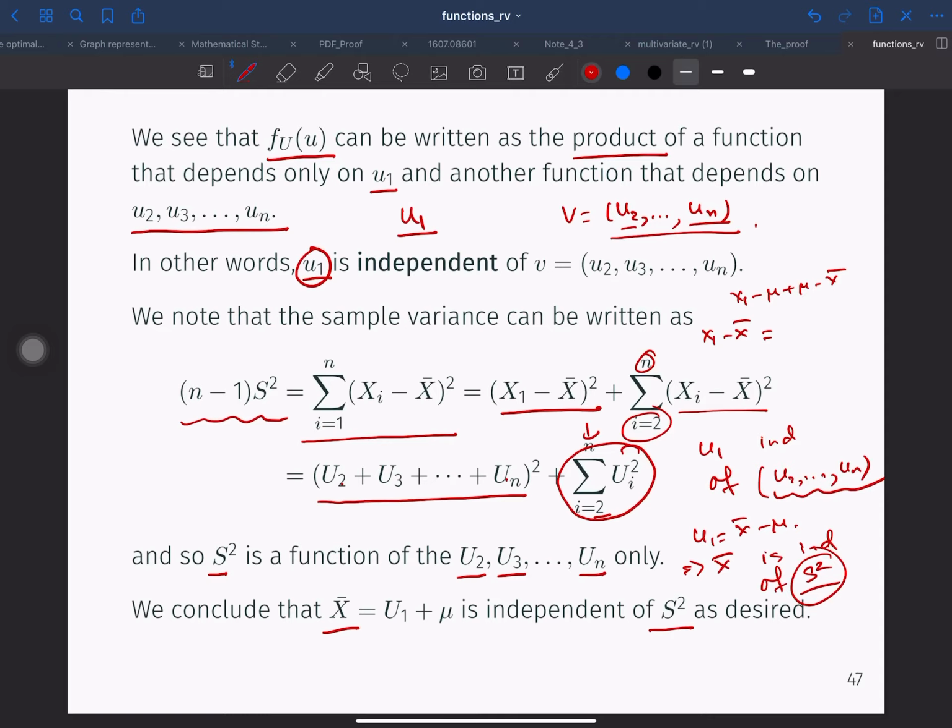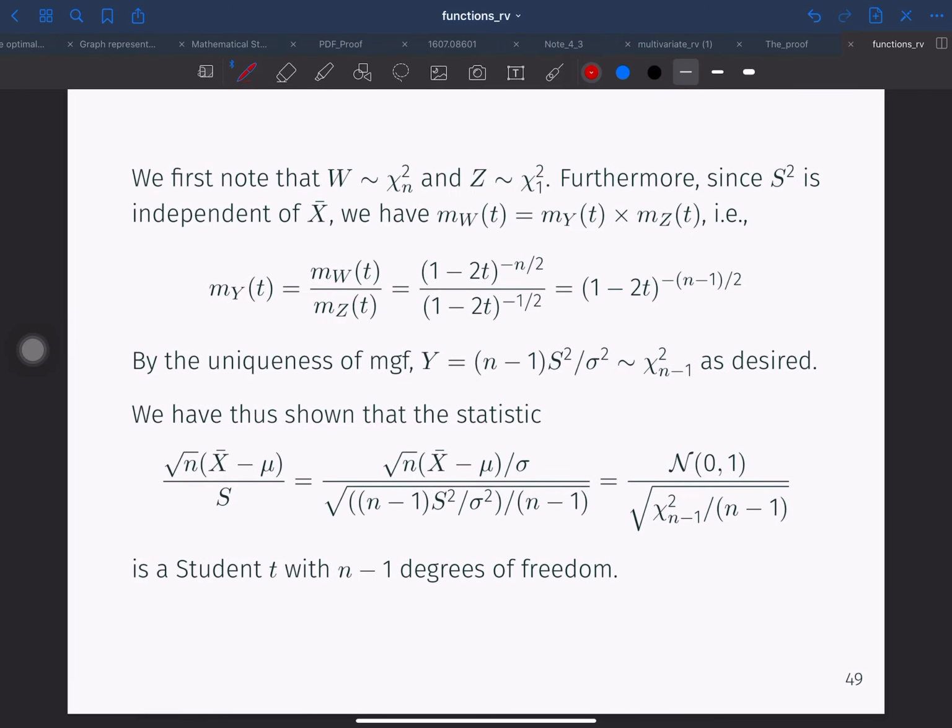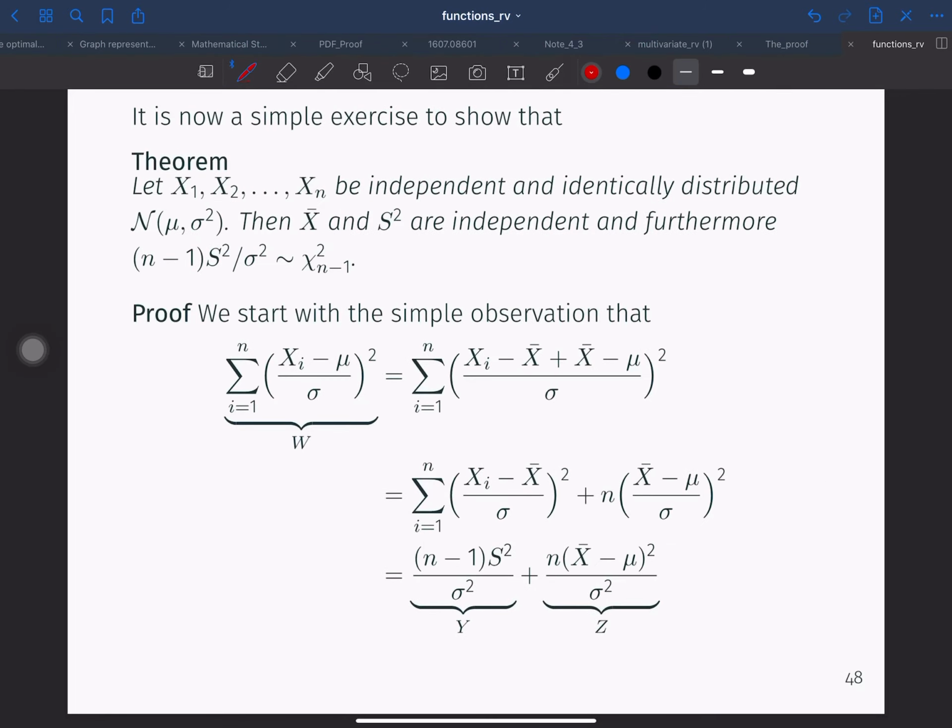So with that result, we can easily prove the following tour de force.